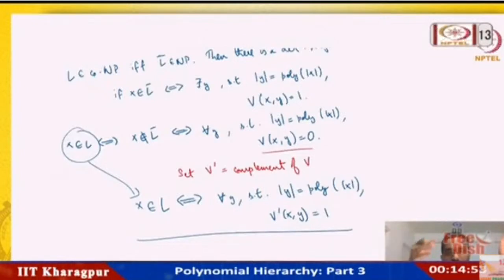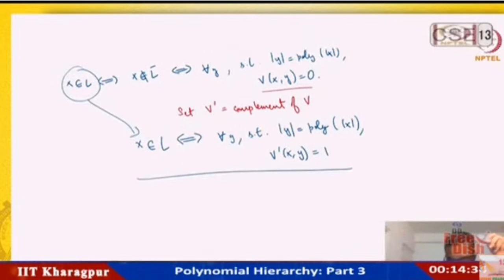Not satisfiable means it always evaluates to false, so the complement formula will always evaluate to true. So if you take an instance, a Boolean formula phi, and it was not satisfiable, the complement of phi is a tautology, right? Hope that adds some more insight to what I said in the previous lecture.